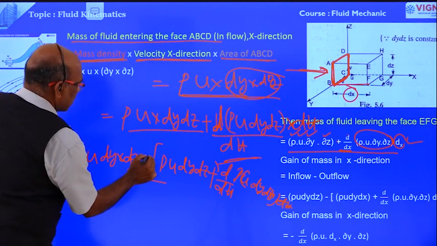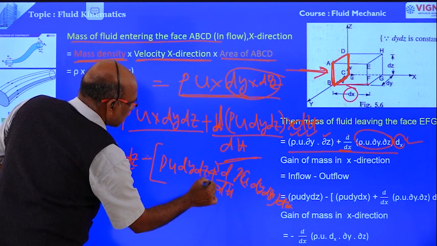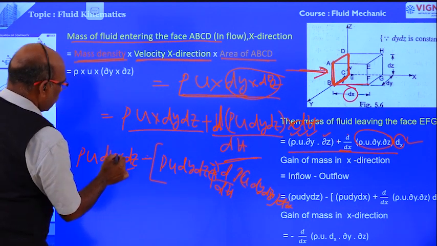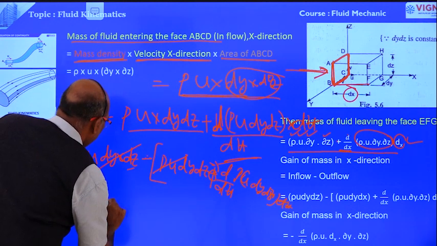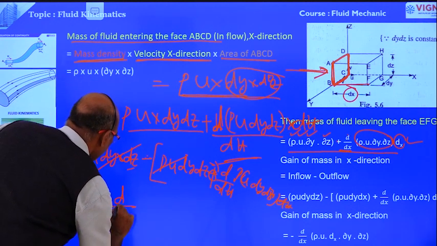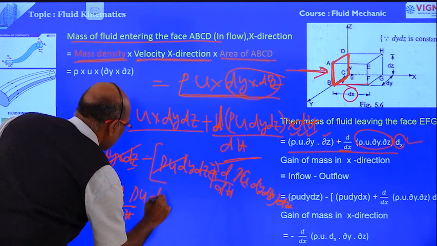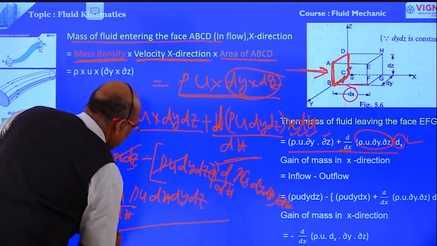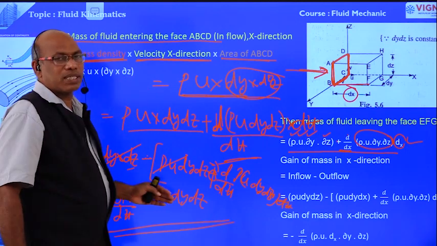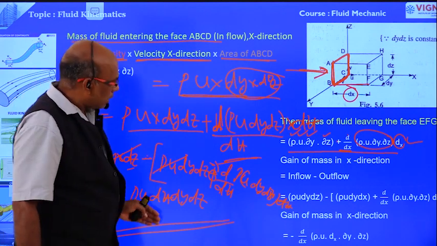Then minus, this is the minus into plus minus, therefore this is plus value, this is minus value. Finally we have minus dou by dou x of rho u dx dy dz. This is the gain of mass in x direction.